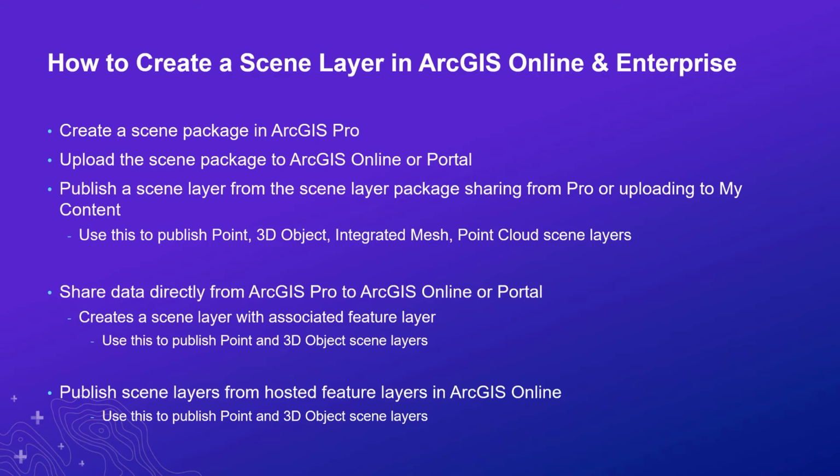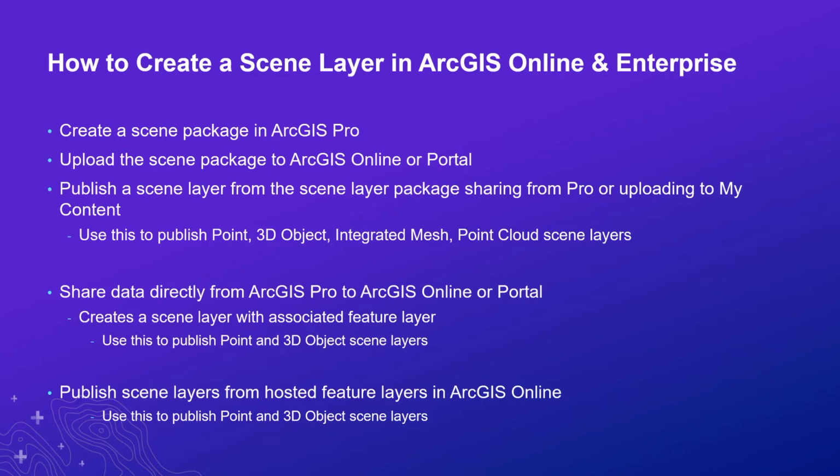We could also choose to share this data directly from Pro to Online or to Portal, and we could publish a scene layer with an associated feature layer. And we could use this to publish a point or 3D object scene layer because they both have a supported associated feature layer, which would just be point geometry or a multi-patch geometry feature layer. So that's why it's restricted to just those 2 options.